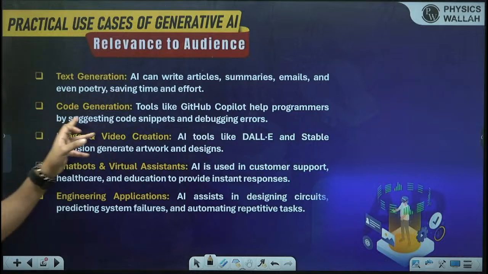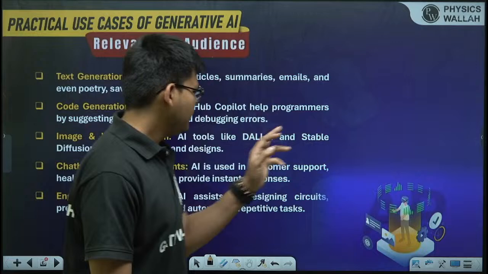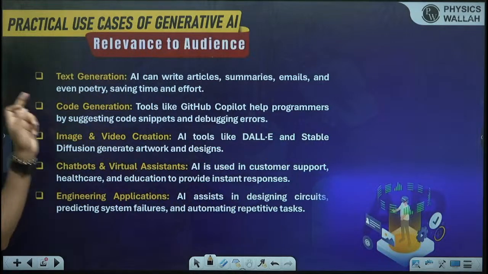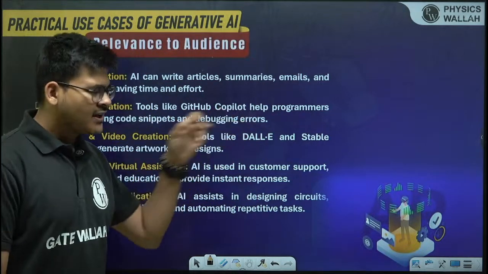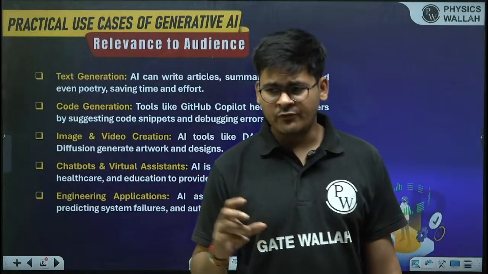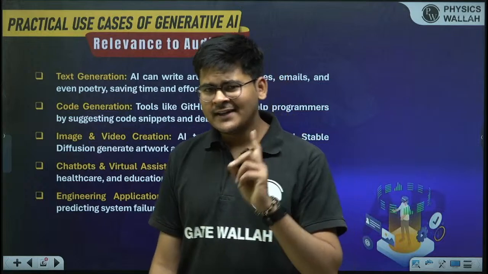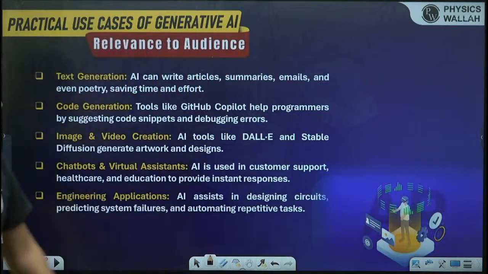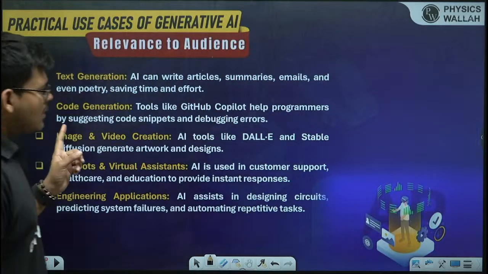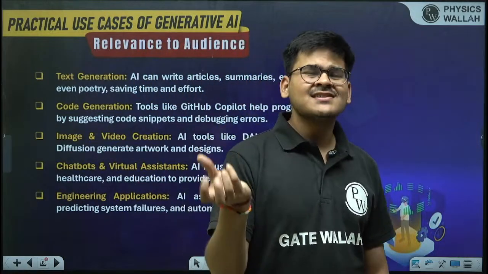Second is code generation. Tools like GitHub Copilot help programmers by suggesting code snippets and debugging errors. This is a very, very famous tool. If you have not tried it, try it once, definitely. It is a very famous tool because it helps you to understand the code.